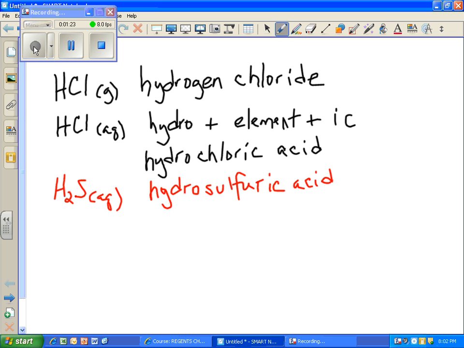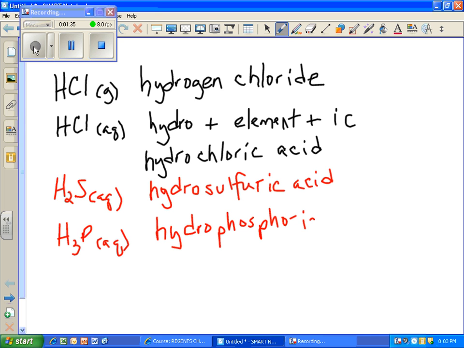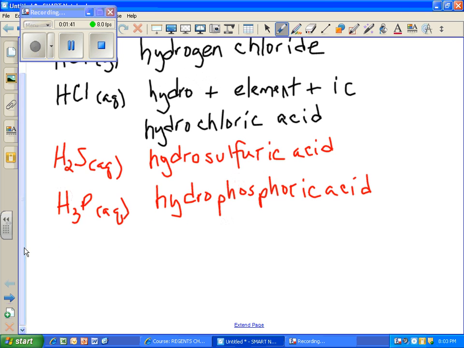If you had H3P aqueous, that's hydrophosphoric acid. Remember, these are binary because there's only two elements. Doesn't matter how much of each element there are, right? Hydrogen and phosphorus, hydrophosphoric acid.